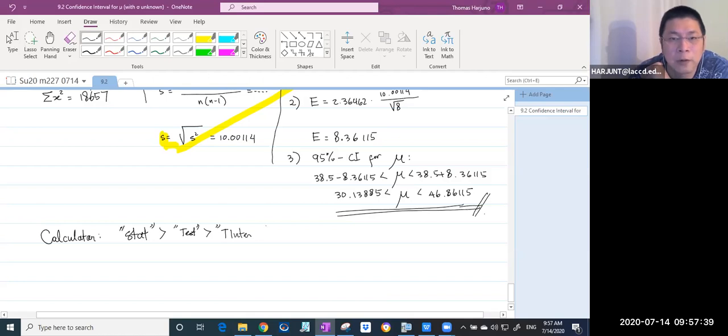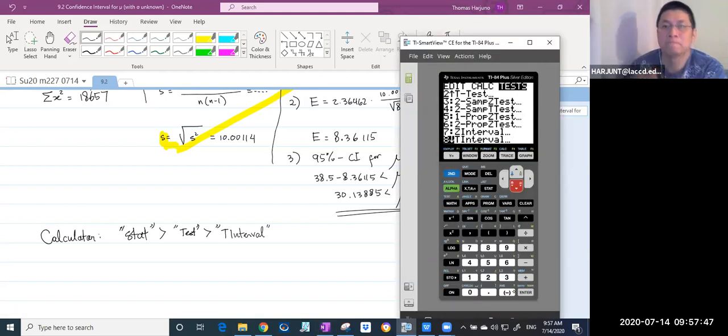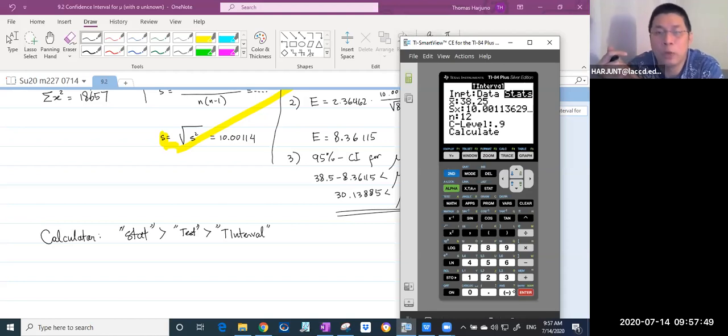So T interval basically stands for confidence interval using T. Okay, let me press that. Now we already have built in here the data, the X bar 38.25, the sample standard deviation 10 point something, and then, oh, you know what? I made a mistake up here.